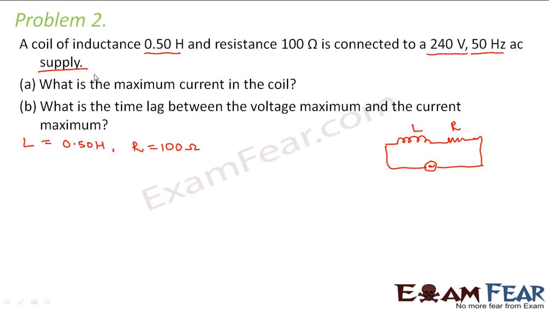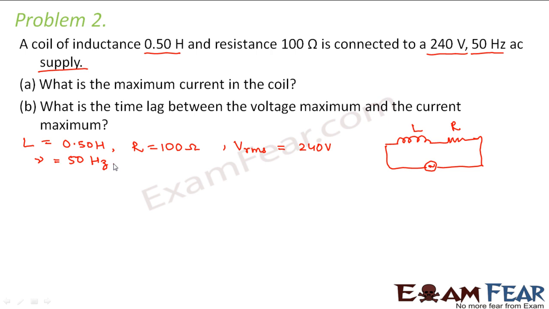It cannot be the peak value because that would be the maximum value, right? So we do not know where it says that it cannot go beyond 240 volts. So whenever you have such a question which says 240 volts AC supply, that means it is talking about the effective value of AC voltage. So that means this is your Vrms is equal to 240 volts. The frequency is given as 50 hertz.